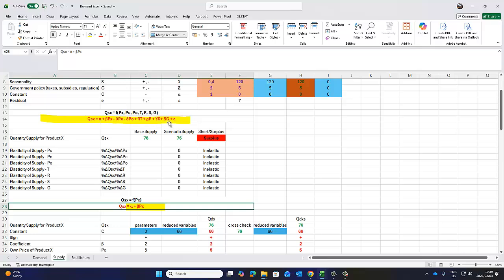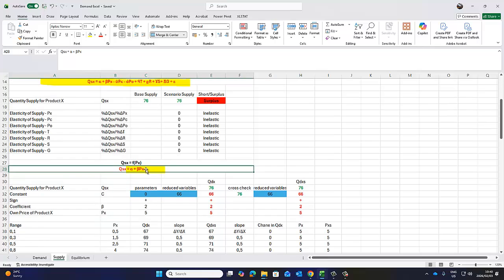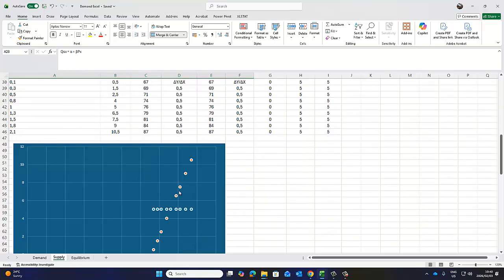So I collapse government policy, seasonality, natural resources, technology, price of other items, price of input costs. I collapse them, meaning I put the values in there and I calculate those values and add them to my constant, so that I sit with this equation. So that is what reducing means.